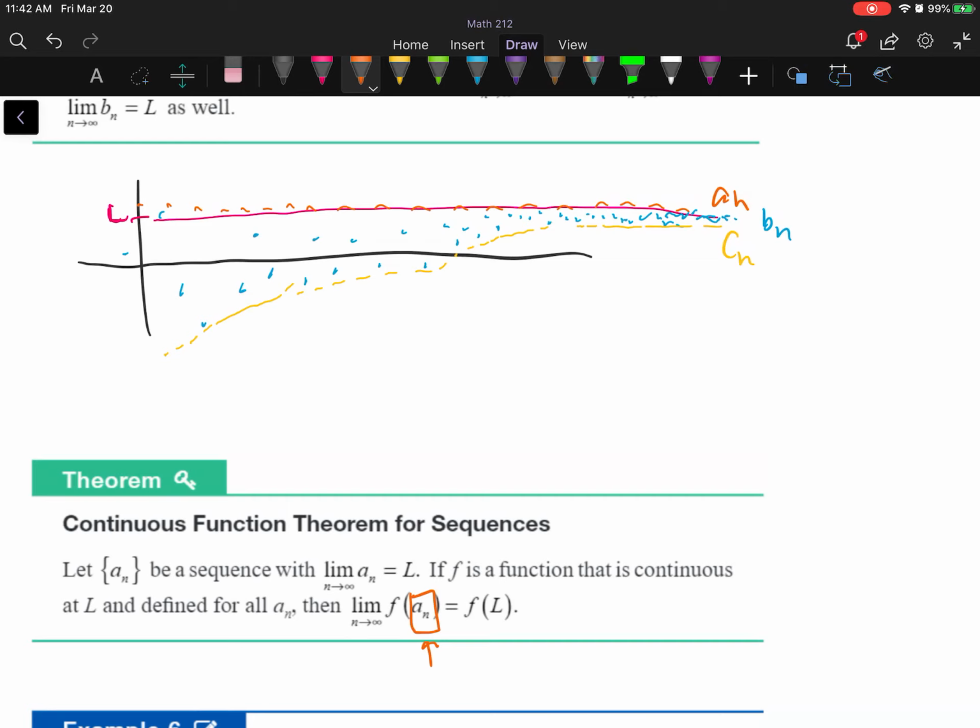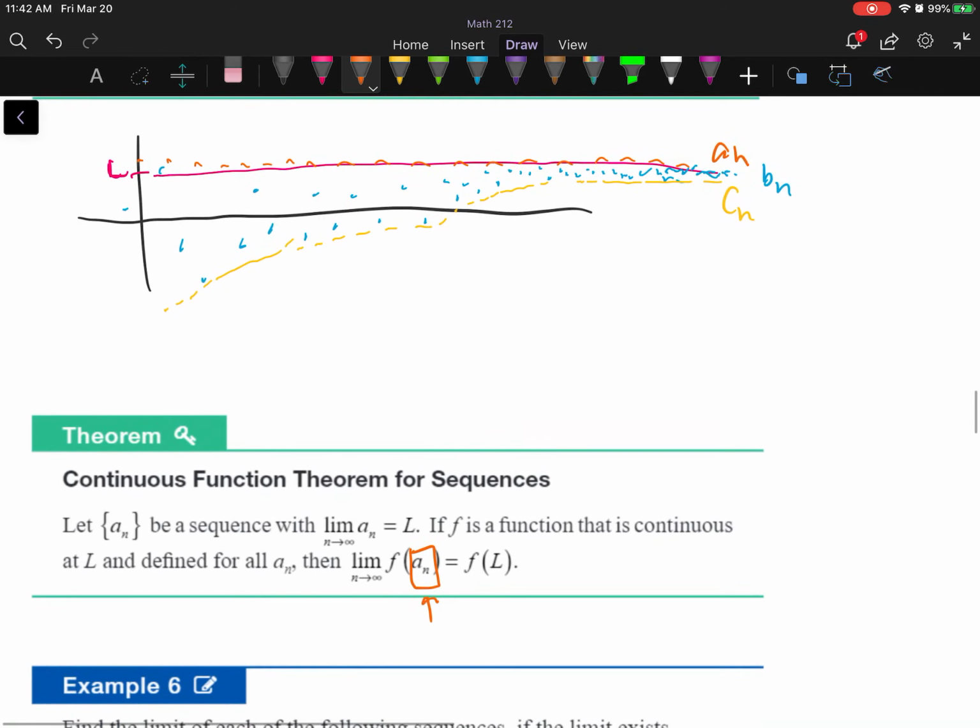If I had to settle down and try to summarize what's actually going on here, it is that continuous functions, so f here is a continuous function, don't mess up the convergence of converging sequences.